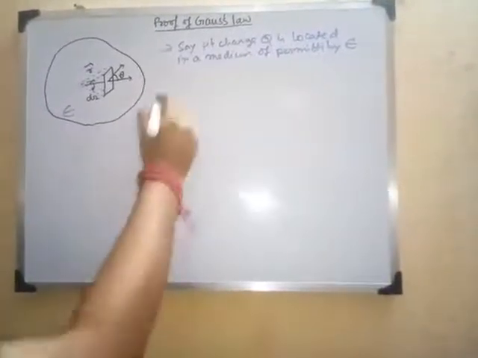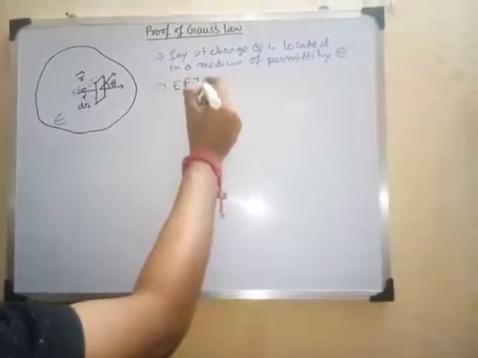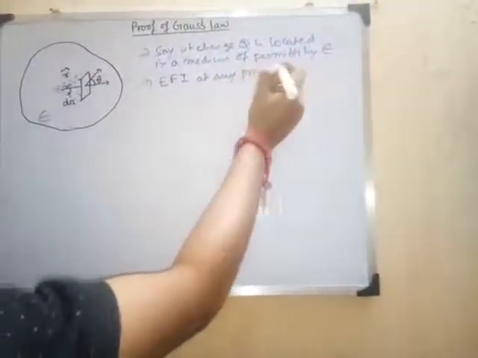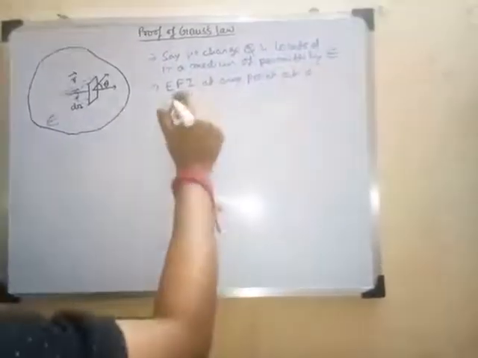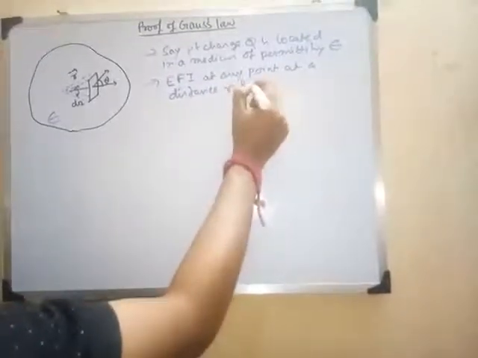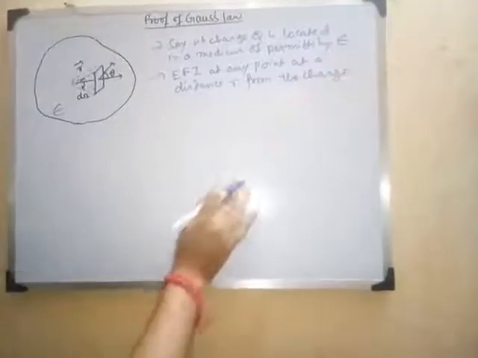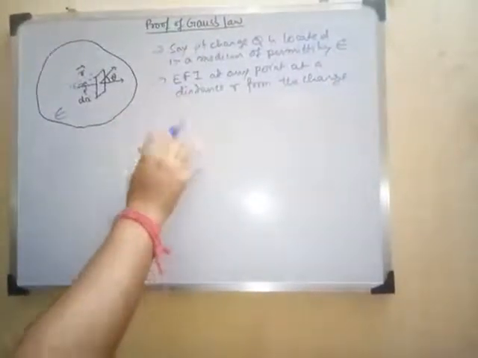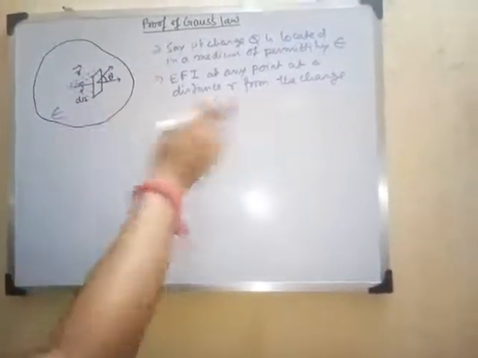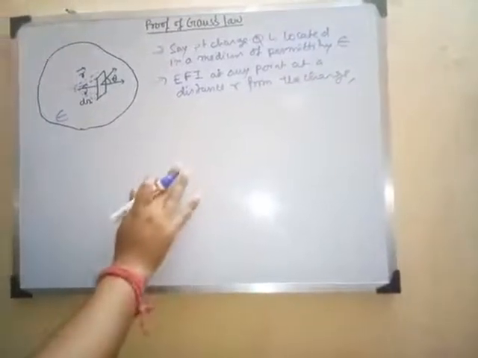Now let us find out the EFI, the electric field intensity, at any point at a distance r from the charge. Here we are going to calculate the EFI at any point at a distance r over the surface from the charge. Say the charge is placed at the center, point charge q.